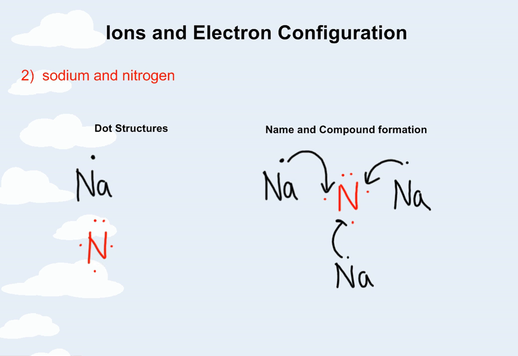That's why the compound between sodium and nitrogen is Na3N. 3 sodiums for every 1 nitrogen. This is known as sodium nitride. Go ahead and pause the video and try number 3 on your own.